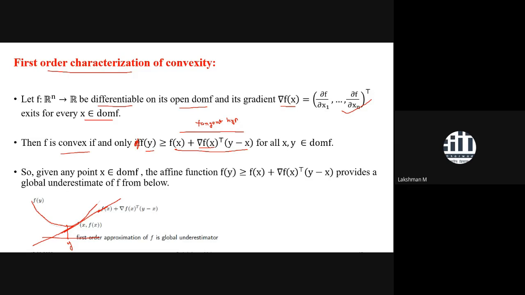If you take any other point than x, then you will always observe that f of y would be higher than the value at the corresponding tangent point. That means f(y) is greater than this value on the tangent hyperplane, so it is giving a global underestimator of the function from below.